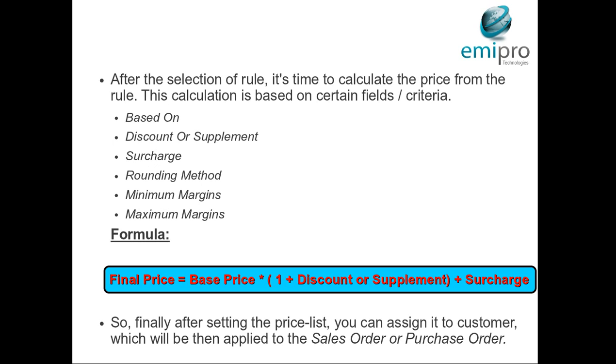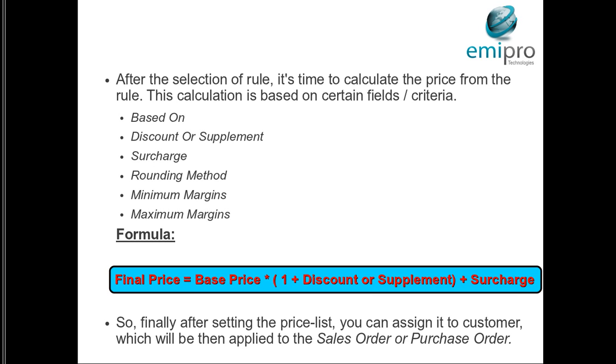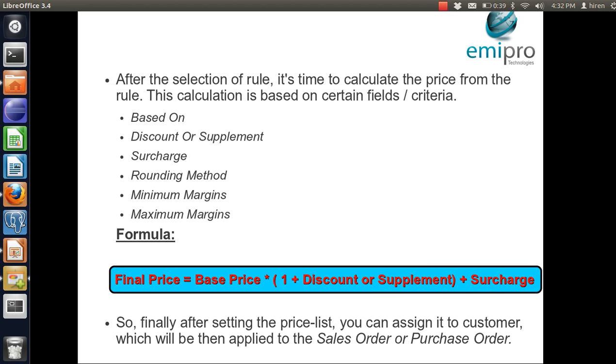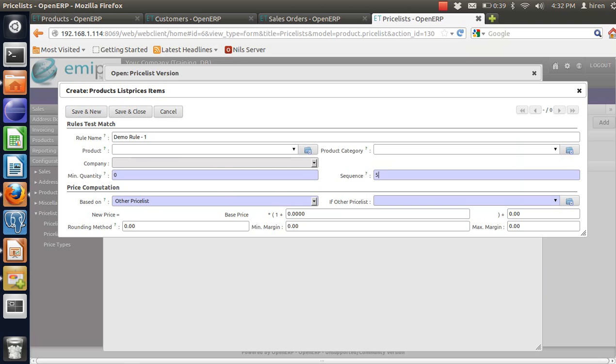Okay, let's move ahead. Now after the selection of the rule, it's time to calculate the price from the rule. This calculation is based on certain fields or criteria: first is based on, second is discount or the supplement, the surcharge, the rounding method, minimum margins and maximum margins. Let's look at that in the system.